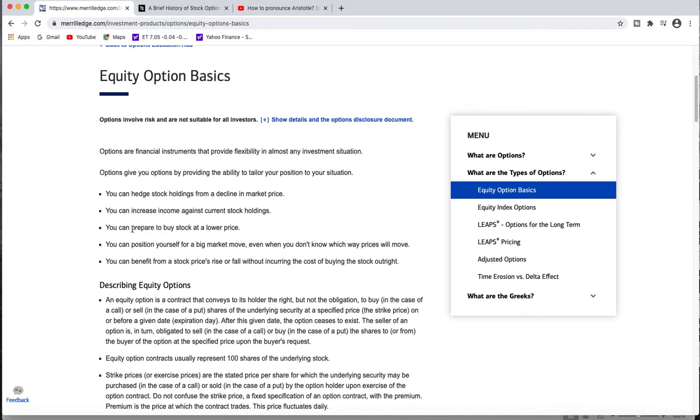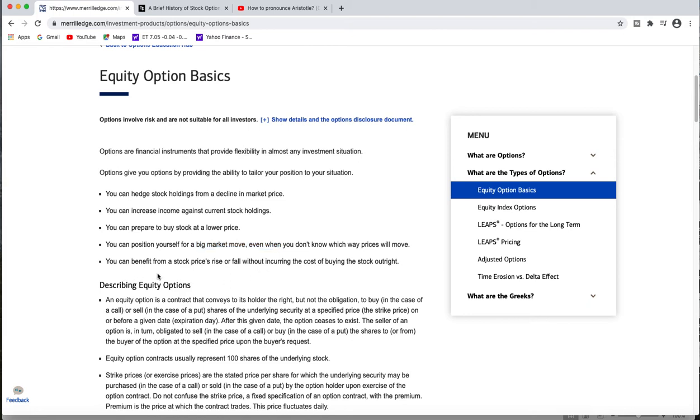That's when we sell a put option at a drastically lower strike price than the actual market price. So you can position yourself for a big market move, even when you don't know which way prices will move. Again, covered calls, you protecting your underlying asset from depreciating for a longer period of time.